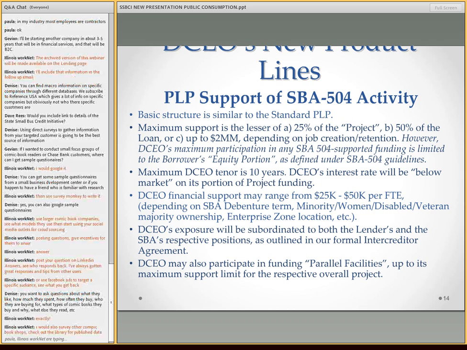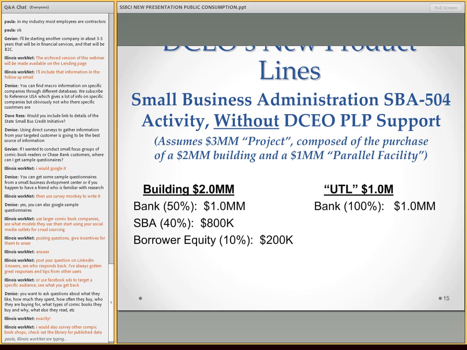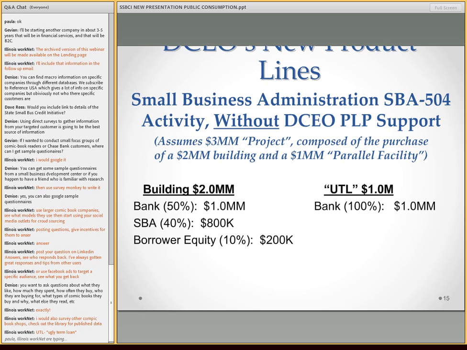Next slide, please. This is actually an activity that we've been doing for several years. I assume that many of you on the webinar are aware of the SBA 504 program. The typical structure is the bank puts up 50% of the real estate or high-value capital equipment. The SBA comes up with somewhere between 30 and 40%, depending on certain guidelines.